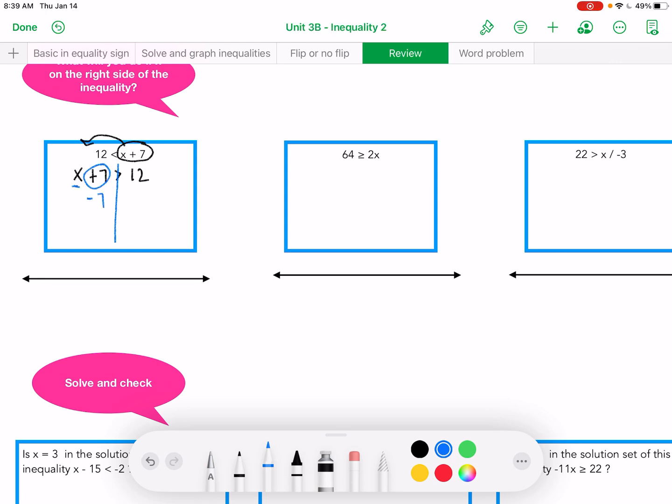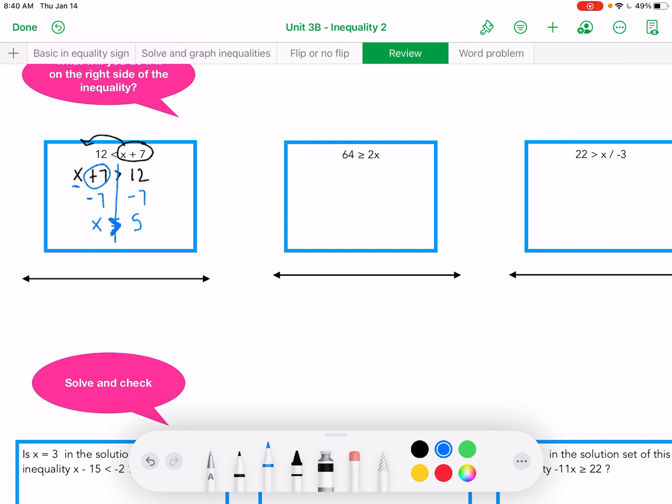So we're going to subtract 7 from both sides. Minus 7 would be 0. That cancels out. And then 12 minus 7 would be 5. I did not need to do an equal sign there. It would be x needs to be greater than 5.